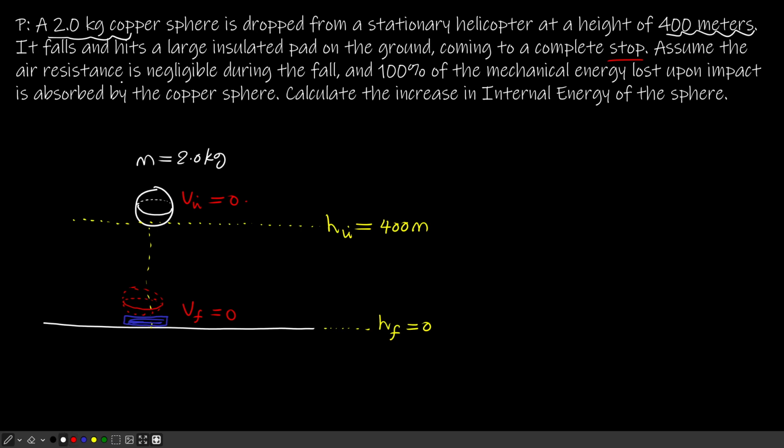Now, assume the air resistance is negligible during the fall. And 100% of the mechanical energy, that means the potential energy and the kinetic energy, lost upon impact is absorbed by the copper sphere. That means there is no leftover energy. As the copper sphere hits the ground, its internal energy will increase.